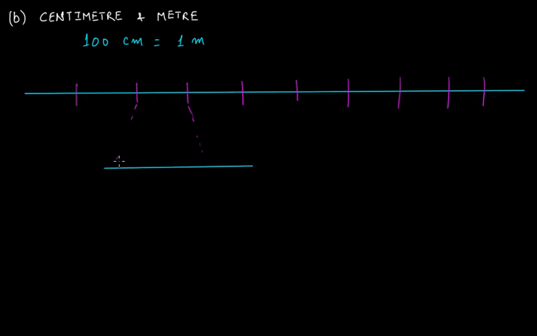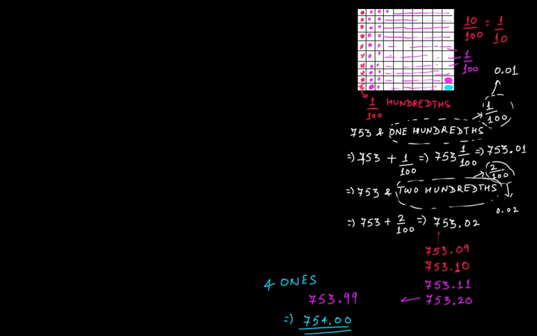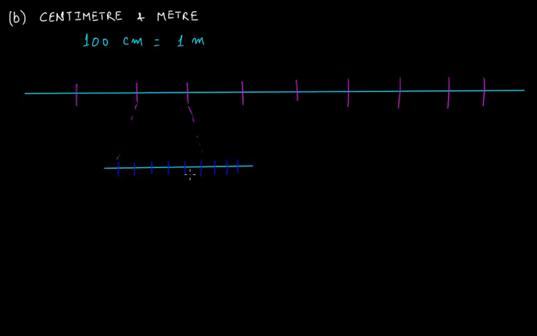So 1, 2, 3, 4, 5, 6, 7, 8, 9 and 10, right? Just similar to what we did in this case. Each of the 10 parts was further divided into 10 equal parts. So now this is further divided into 10 equal parts.